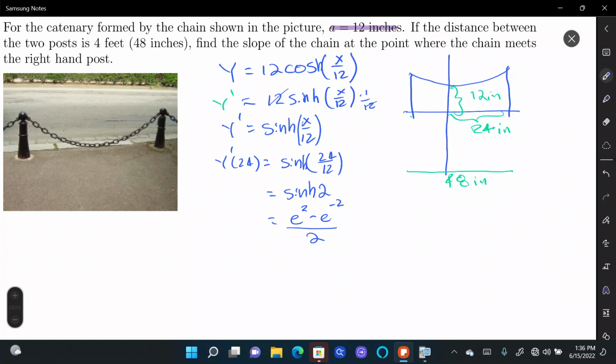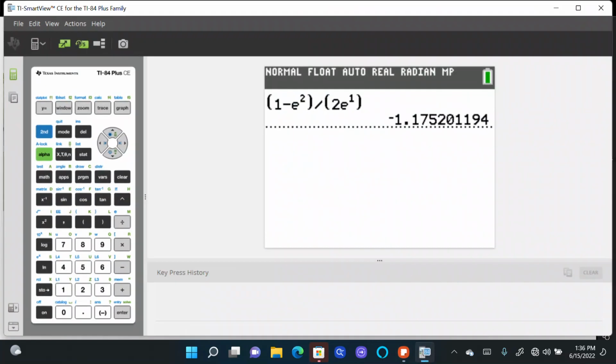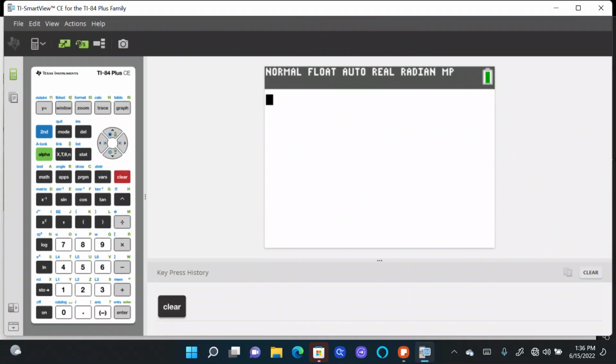So let's go ahead and do that on the graphing calculator. Let me clear all this. Be careful when typing this on the graphing calculator, because in this case the numerator has more than one term. You want to make sure that both terms get affected by the denominator, and in order to do that, open parentheses.